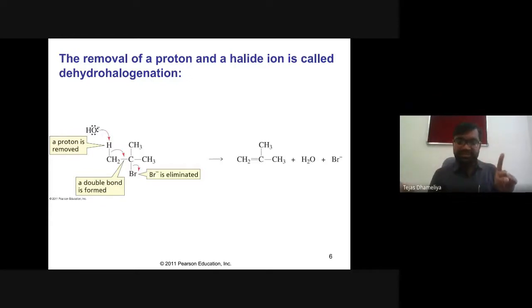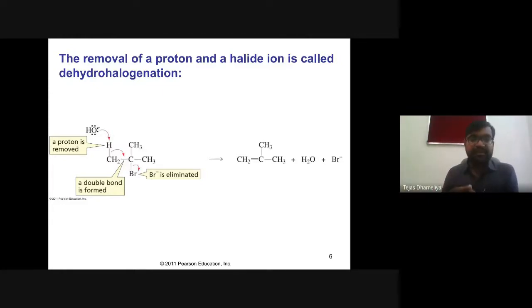E2 is elimination bimolecular reaction. Beta elimination, दूसरा नाम है elimination reaction. तीसरा नाम, third name, we can call it dehydrohalogenation, because we are removing the hydrogens, we are removing these halides.